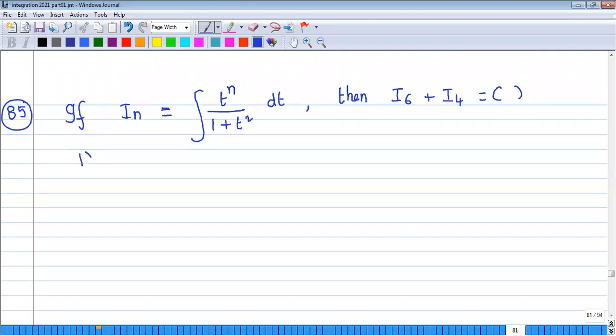First option t to the power of 5 by 5. Second, t to the power of 7 by 7. Third, t to the power of 6 by 6. Fourth, t cube by 3.